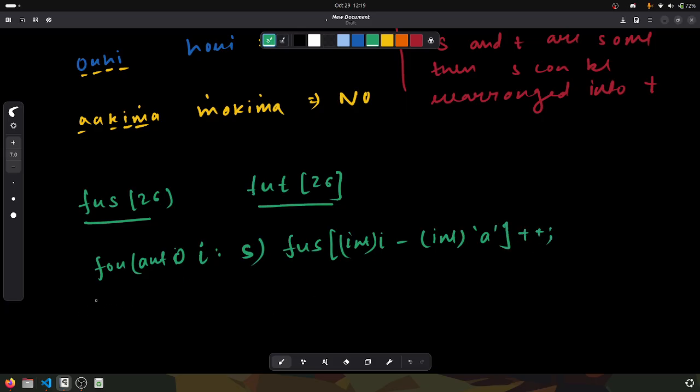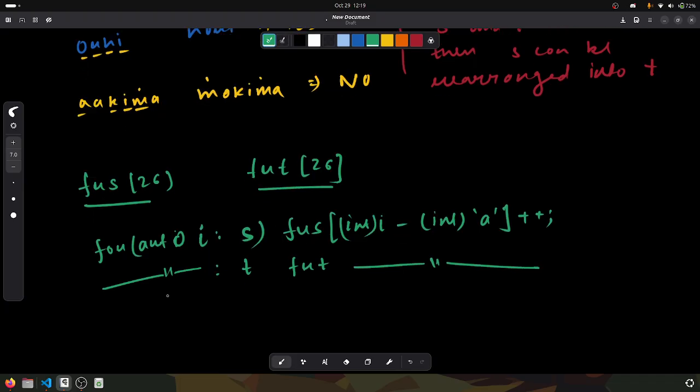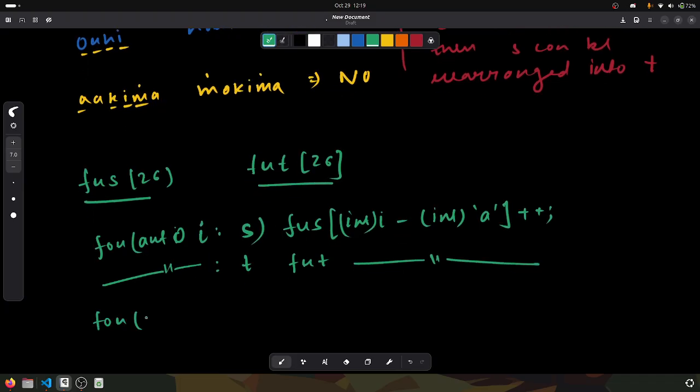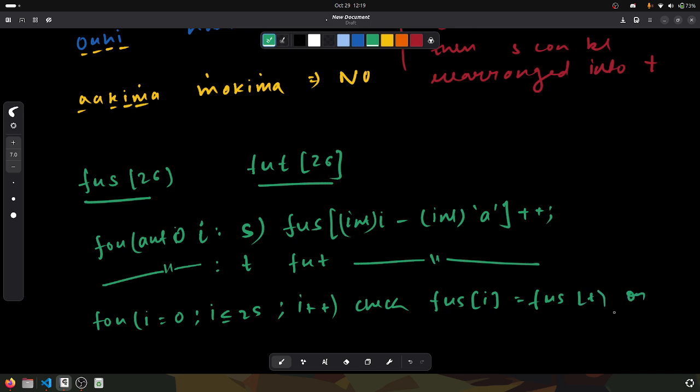Similarly for T, same for T, basically this colon T, FRT this. Then we can check for I equal to 0 till I less than or equal to 25, I plus plus, whether all FRS of I is equal to FRT of I or not. So this is one way.